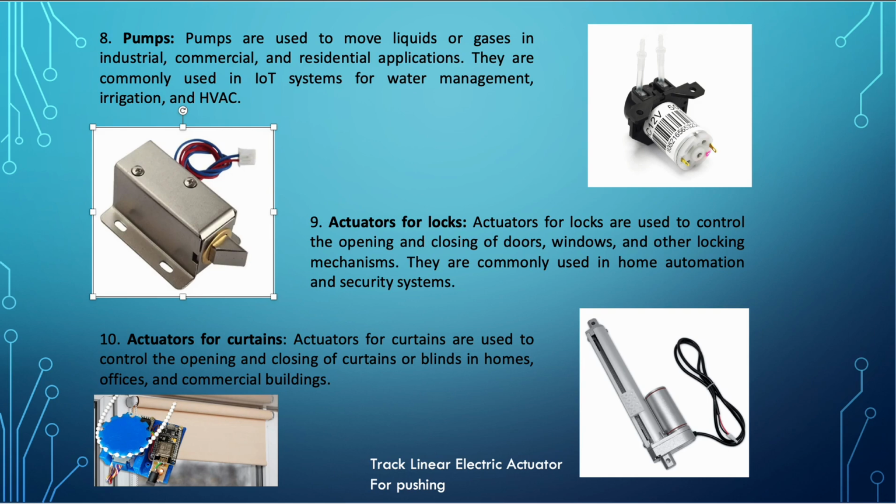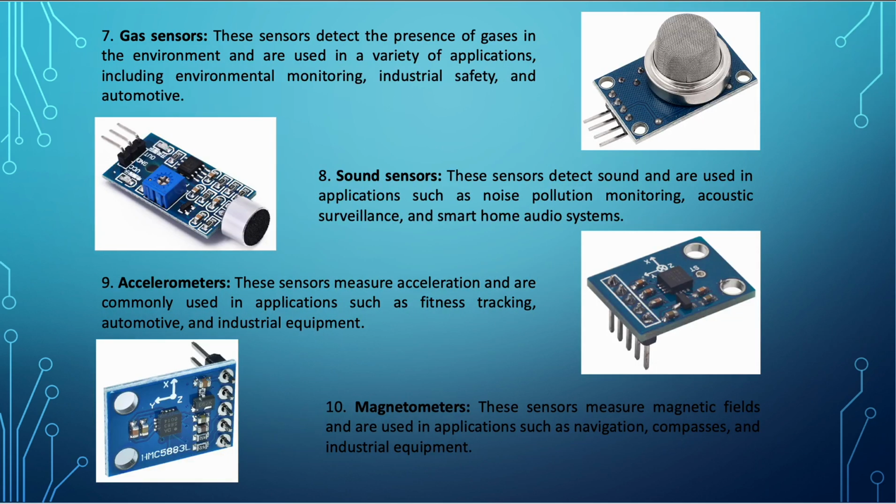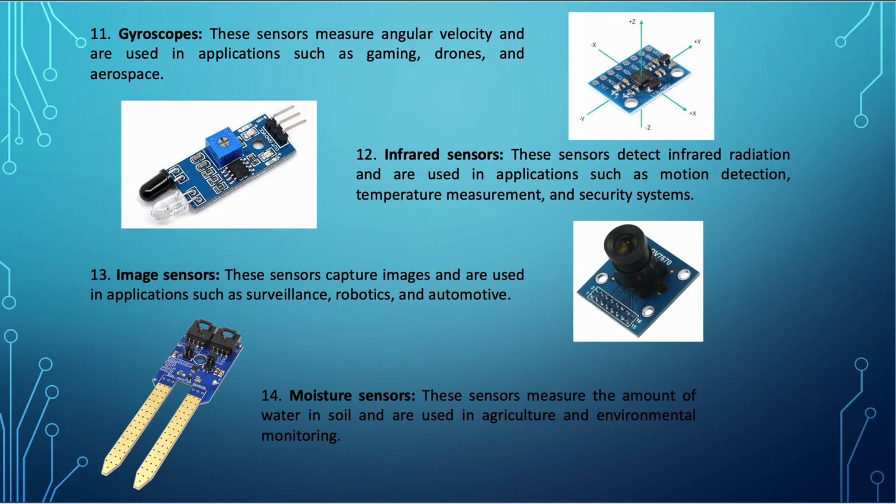We talked about sensors, and sensors are physical devices that collect data from the environment and transmit it to other devices and systems, right? We talked about what types of sensors there are, and they are not limited to these 14 examples.